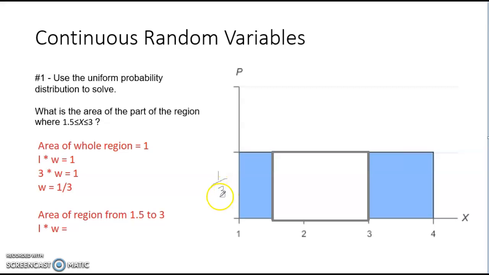That's equal to 1/3. Now that we know that, we can find the area of this rectangle. It has a height or width that's the same as the blue, so this dimension right here is equal to 1/3. And we know this distance here as well. This is 1.5 and this is 3. 3 minus 1.5 is equal to 1.5.